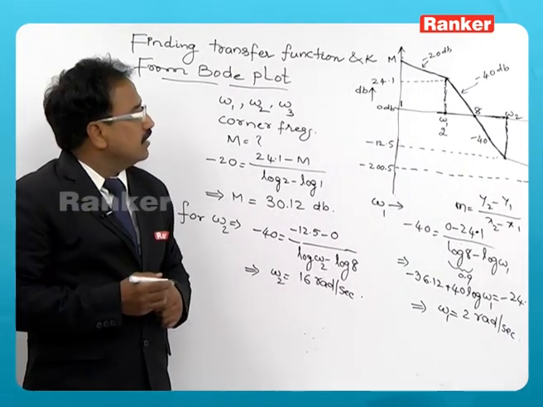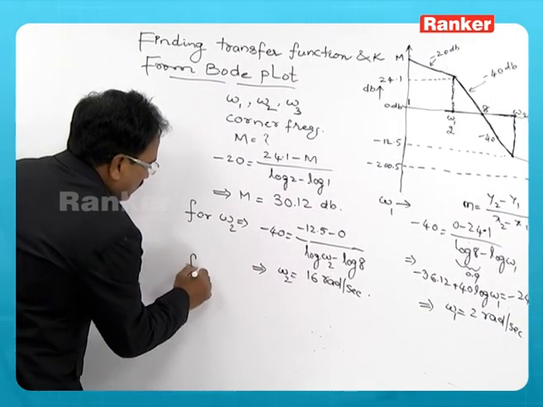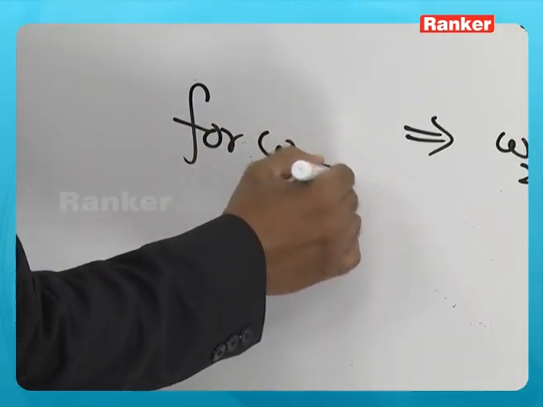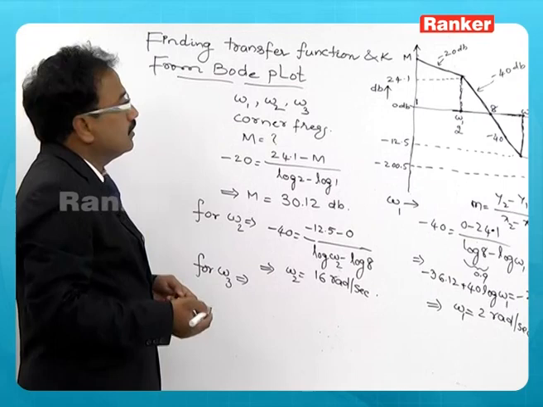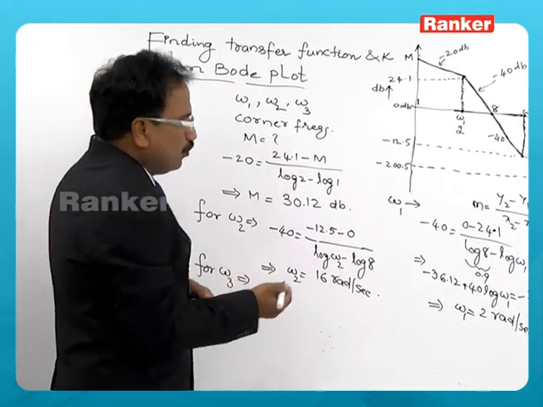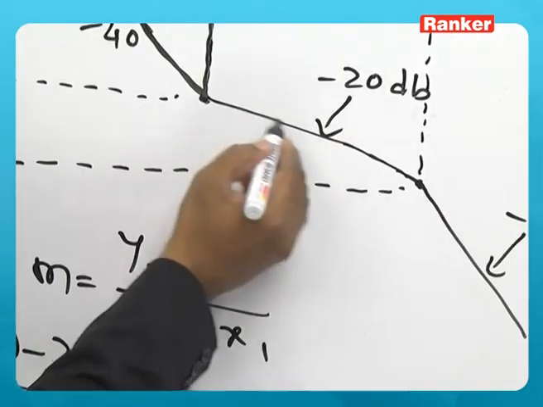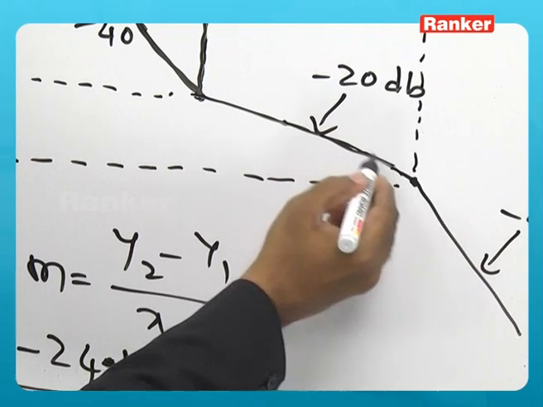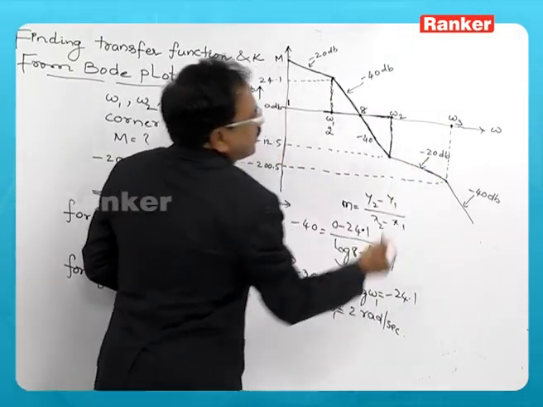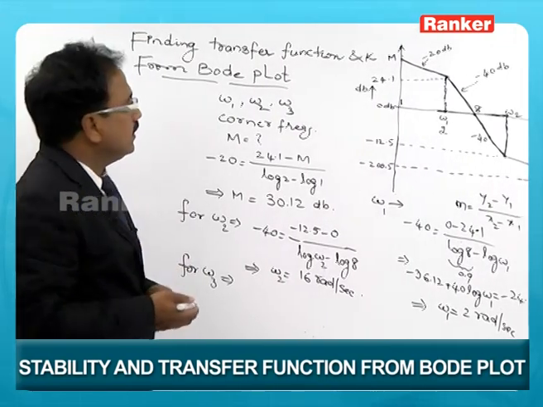Now, for omega 3, I need to use the slope expression again. The slope from omega 2 to omega 3 has become minus 20, from minus 40 to minus 20.